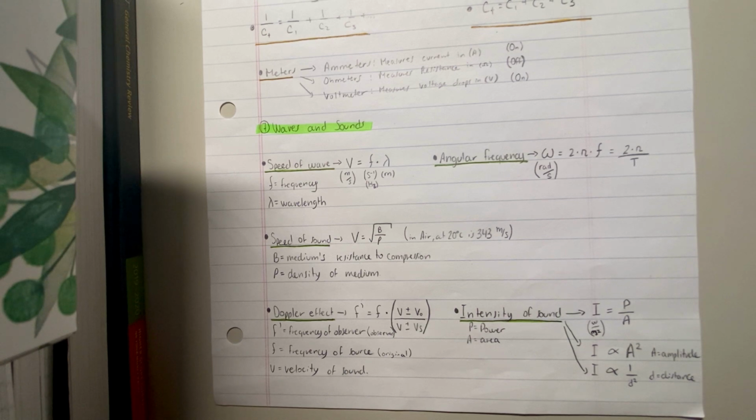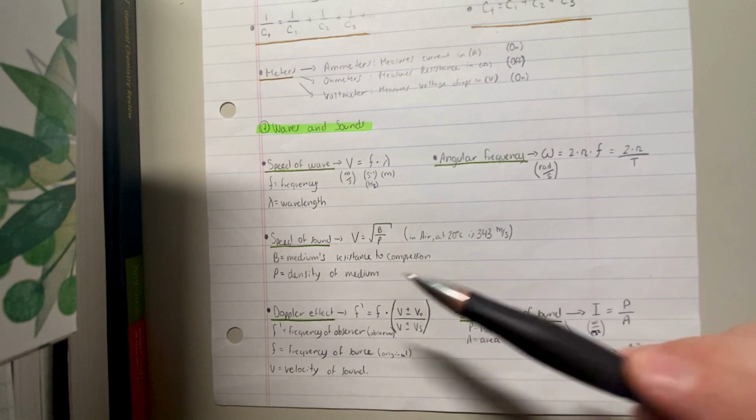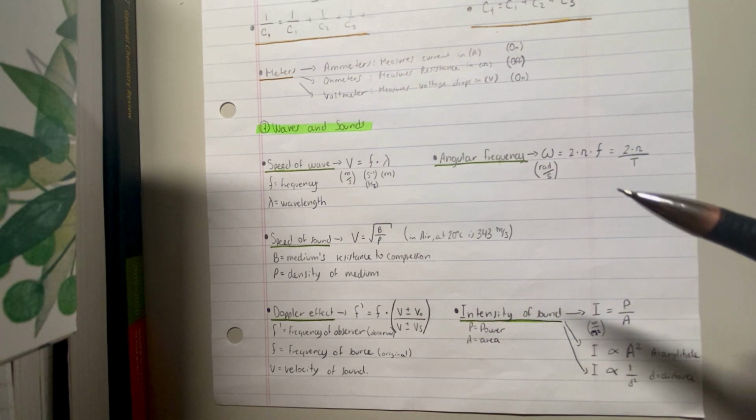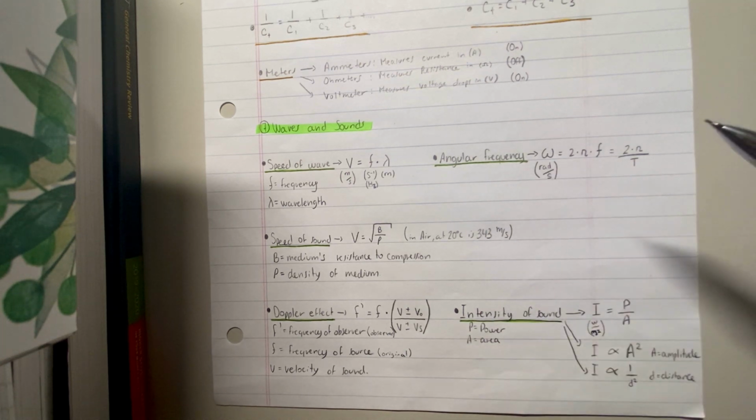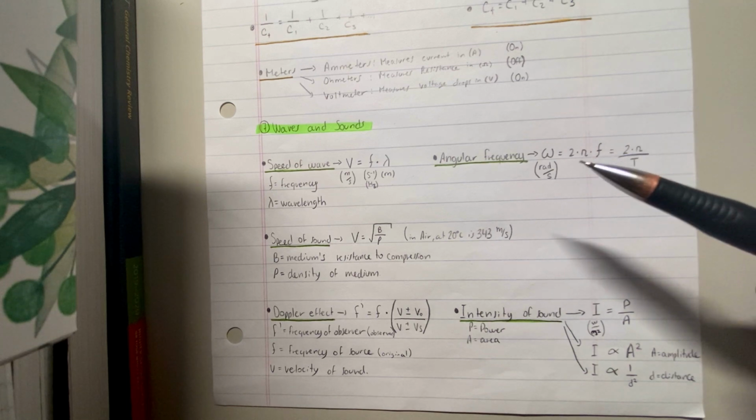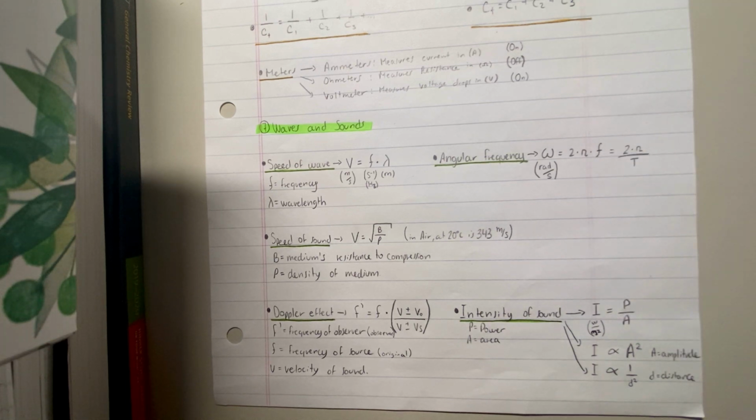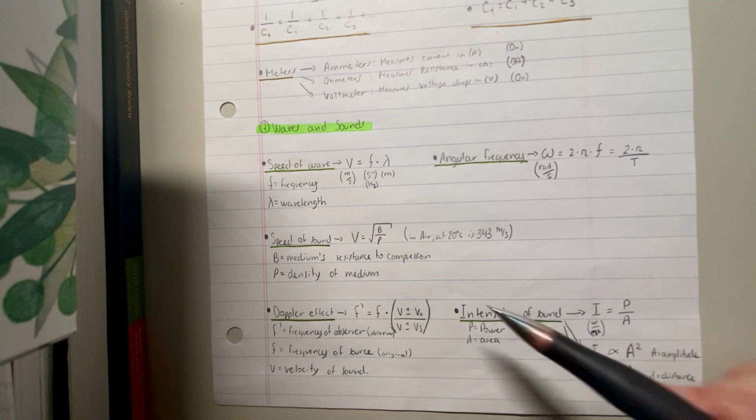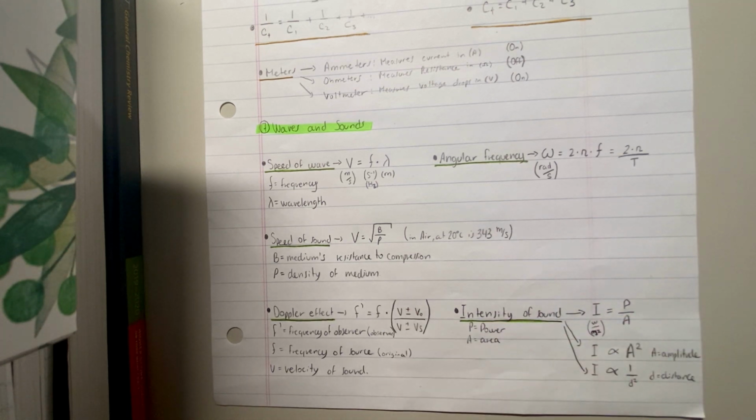So the speed of sound would be the square root of the resistance of the medium divided by the density of that medium. And obviously don't forget to take the square root. That would also be in meters per second, since it is a speed.